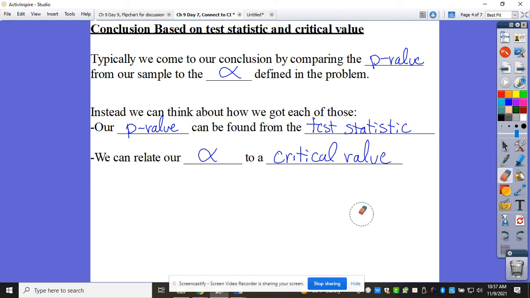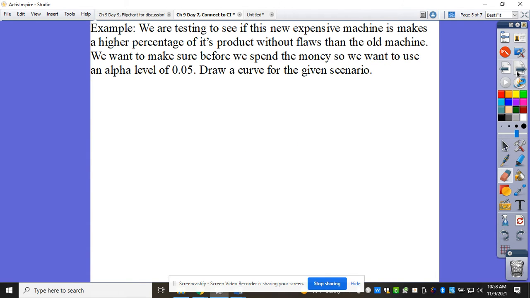Actually get to our conclusion by comparing our test statistic to our critical value instead of our p-value to our alpha. So we're testing to see if this new expensive machine makes a higher percentage of its products with flaws than the old machine. What's important out of that sentence? And I'm dealing with proportions.